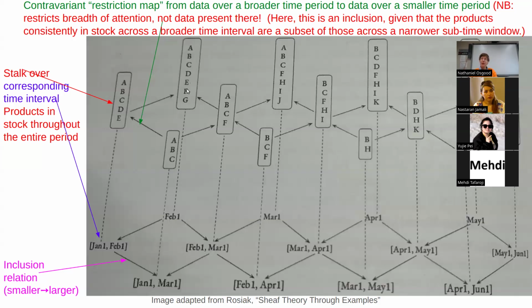And over a shorter period, there's going to be a set of customers who are continuously there that are going to be a superset of an interval that includes that, because they have to be there each and every day. So for a single day, everyone who's in it for the larger interval has to be in it for each and every day. All right.